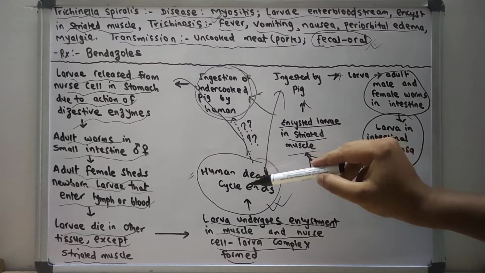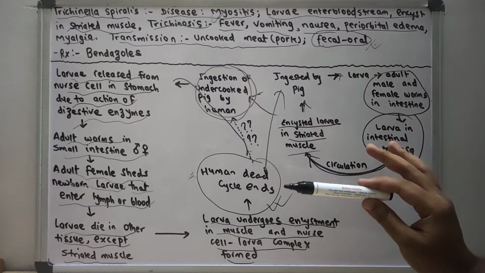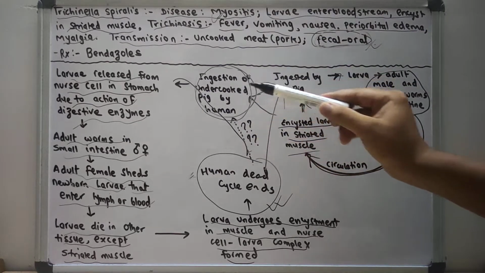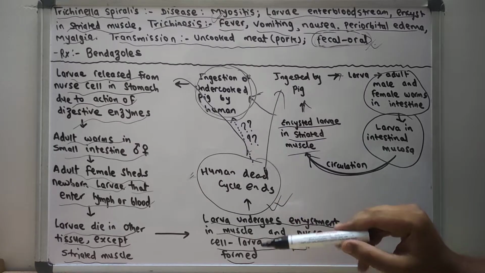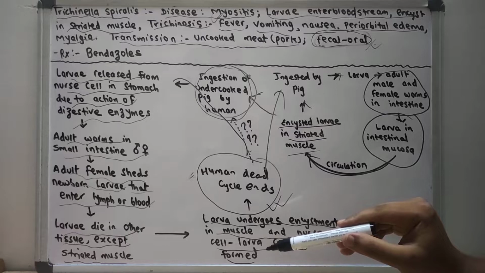But human to human transmission is very rare. It can occur through the fecal-oral route, but human to human transmission through ingestion of the striated muscle is very rare, because cannibalism is very rare.